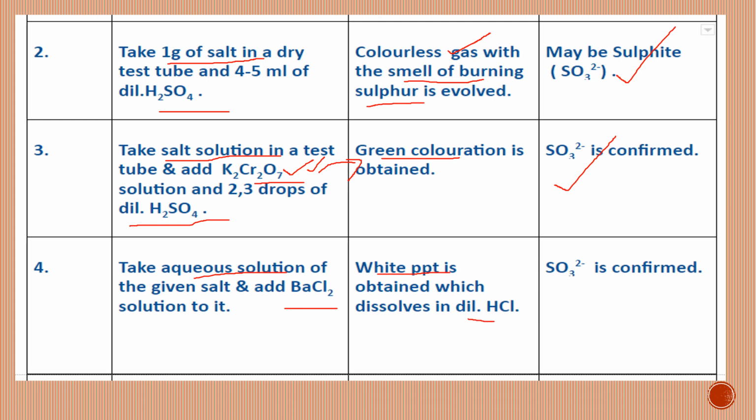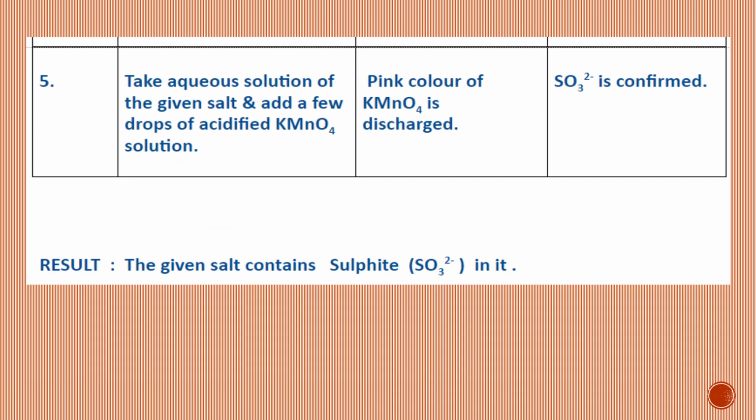For different tests, there are different solvents that you will be using for carrying out the solubility test of the precipitate as a part of confirmatory test. So here it will be dilute HCl, and you will see that the precipitate will completely dissolve, which again confirms it is sulfite. So sulfite is confirmed.